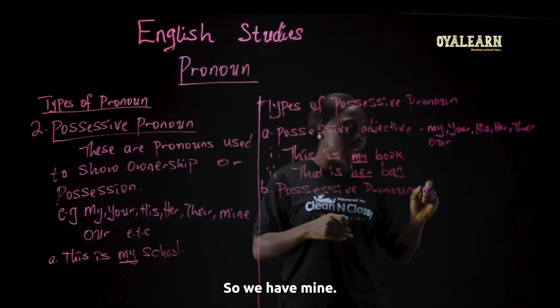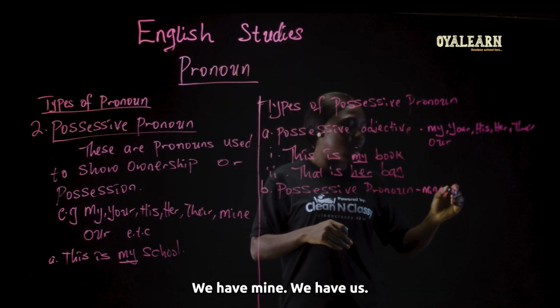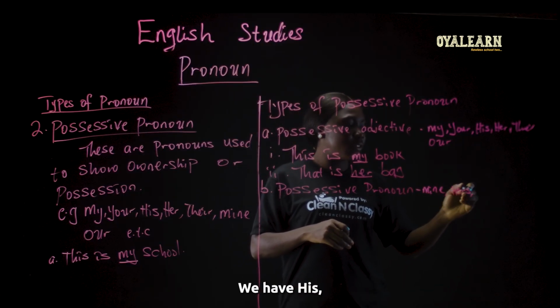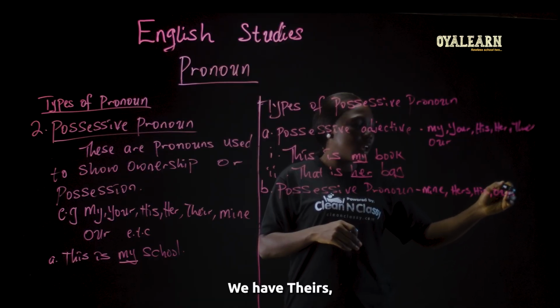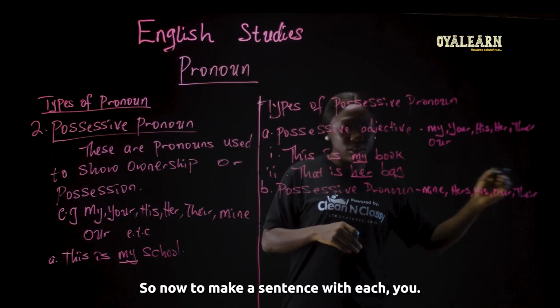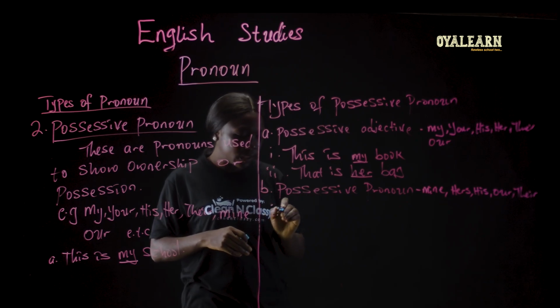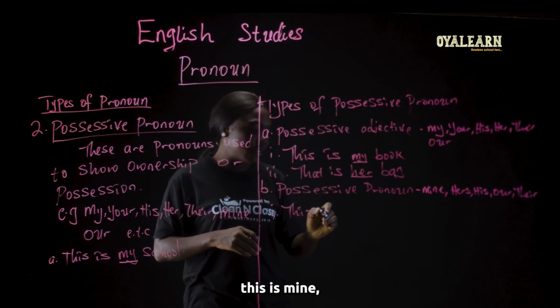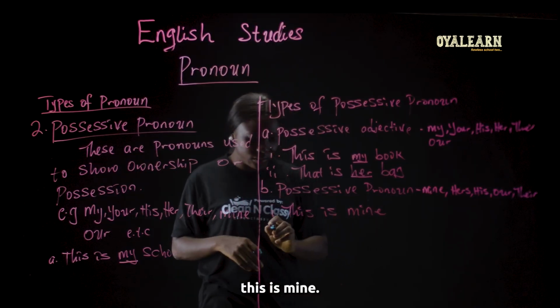So we have mine. Examples of a possessive pronoun: we have mine, we have ours, we have theirs. Now, to make a sentence with it, we can say, this is mine.